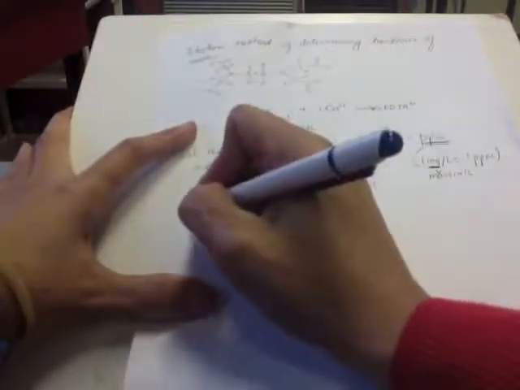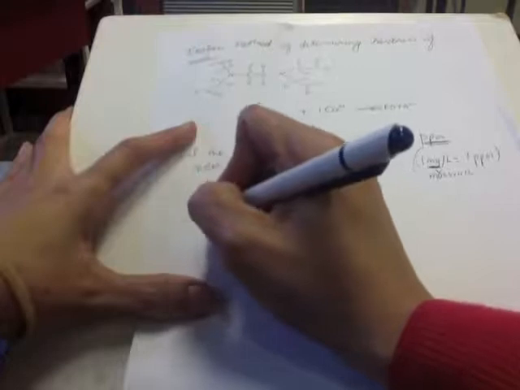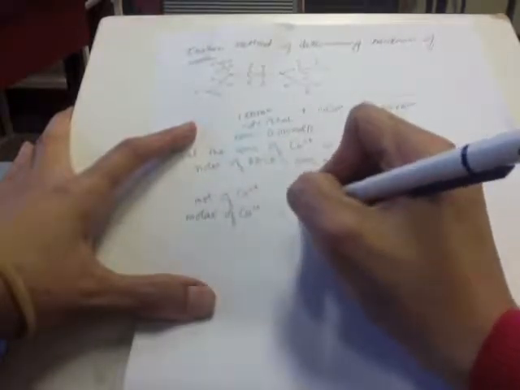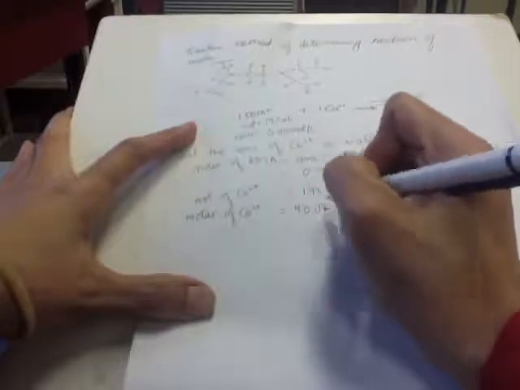So since we know the unit is milligrams, which is the mass in 1 liter, we have to change moles to mass. The molar mass of calcium is, from our periodic table, 40.08.